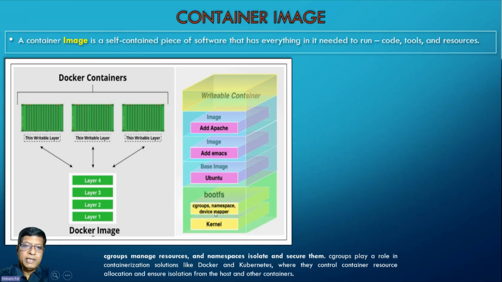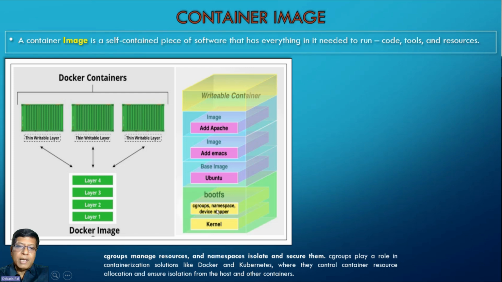This is the C groups or namespace device mappers, or better to say, an environment on which the container will start or boot. Because there is no real OS, you have the OS kernel only. Maybe this is an Ubuntu kernel, a Windows kernel, a Mac kernel, or a Red Hat Linux kernel. Only the kernel.